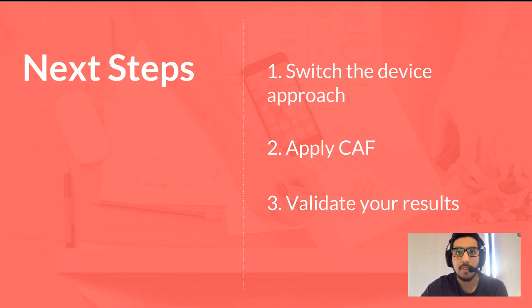So we have a new arrangement of elements based on the device and on what users need on those screens, and then apply the CAF, and of course validate the results. Do you have other steps that the audience may need, Federico, for this approach?